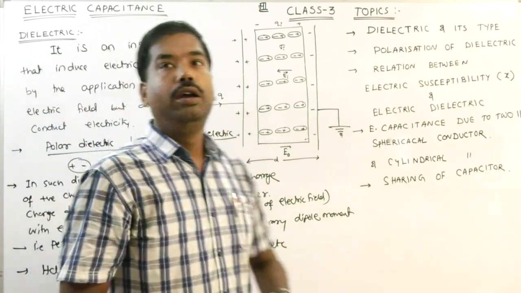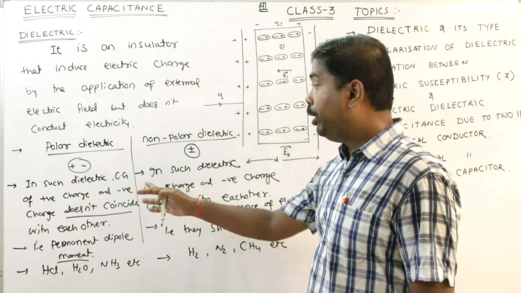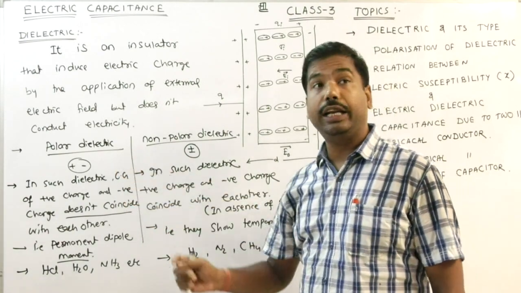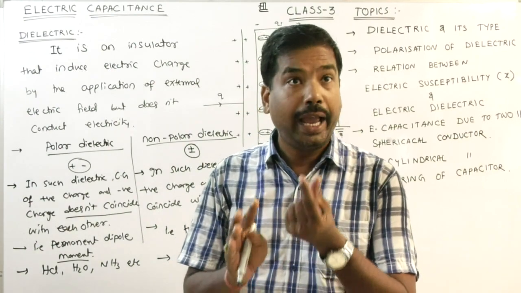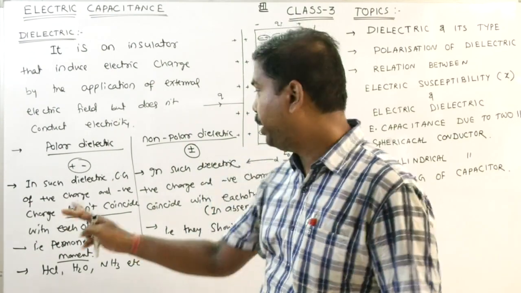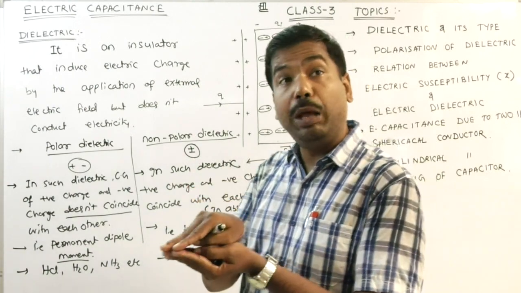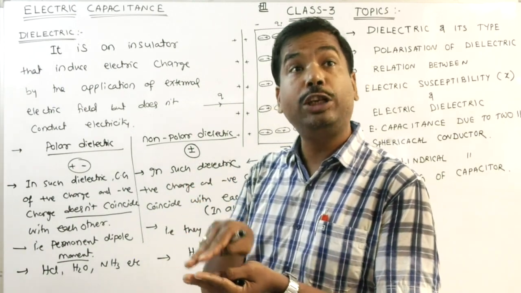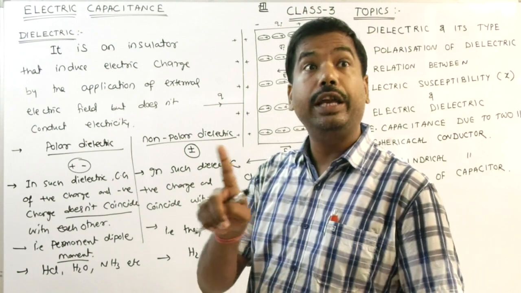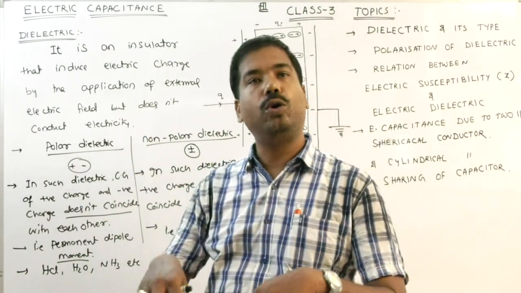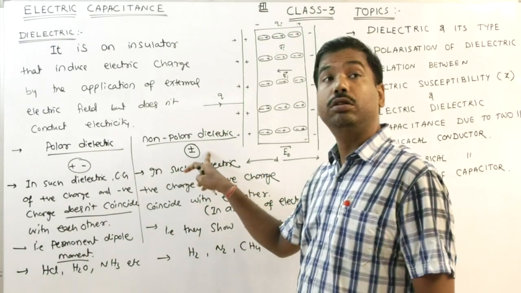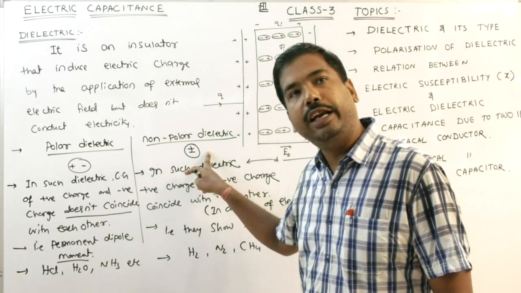Clear? Listen to me, what I mean to say. I mean to say that in case of a polar dielectric, positive and negative charges are permanently at a distance apart. Hence, they show a permanent dipole moment. But in case of non-polar, they overlap with each other. It means their centers of gravity coincide in absence of electric field. But when some electric field is applied, they also show an electric dipole moment.